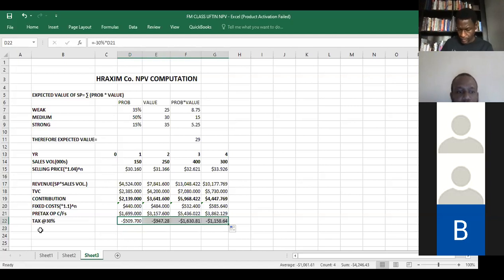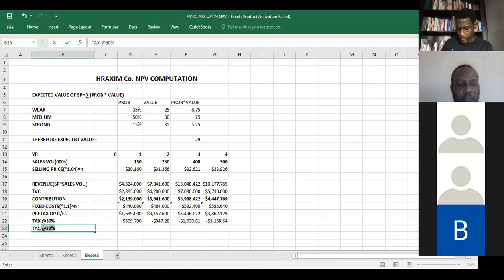And then what's next? Tax allowable depreciation now, right? Yes. So we'll do that as a working. And the working is too straightforward, so it will not even bother us at all.